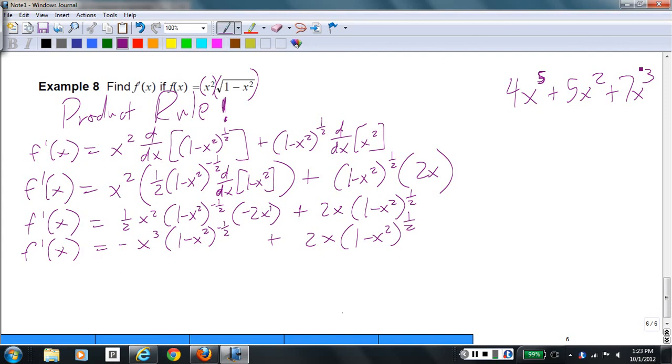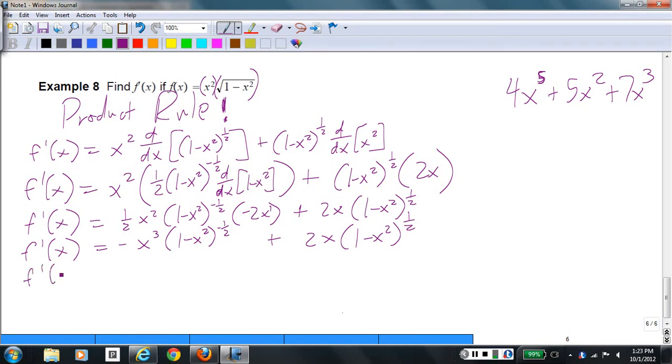So here's the thing. 1 minus x squared is raised to the negative 1/2 there. 1 minus x squared is raised to the positive 1/2 there. A negative 1/2 and a positive 1/2. We want to go with the lesser of those two exponents. What's less? Negative 1/2 or positive 1/2? Negative 1/2 is less. So GCF looks like this.